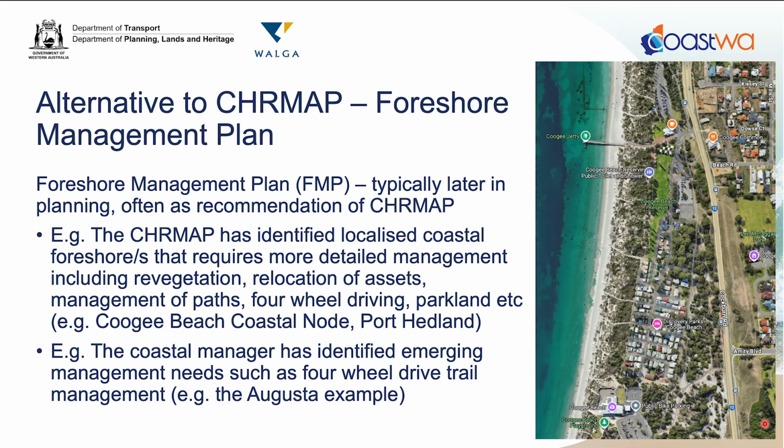And this is a great example of how a CHRMAP created the conditions for leasehold conditions of approval linked to coastal hazard planning and relocation of assets over time, whilst also allowing that leasehold to continue, but also enabling the City of Cockburn to look at other aspects like the cafe and the Surf Lifesaving Club and think about their long-term asset location.